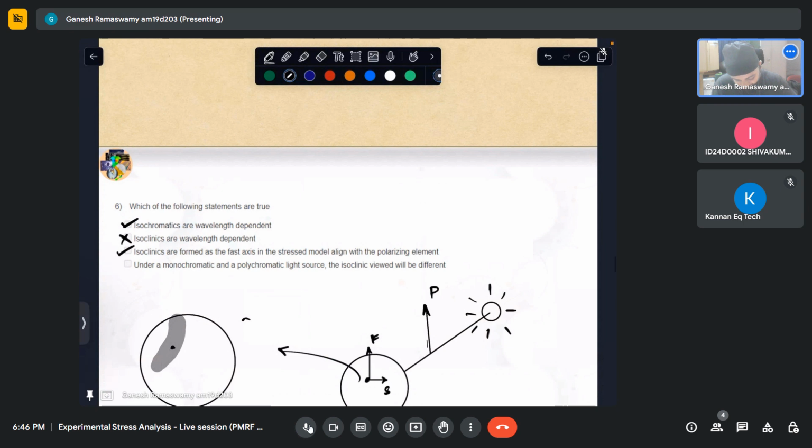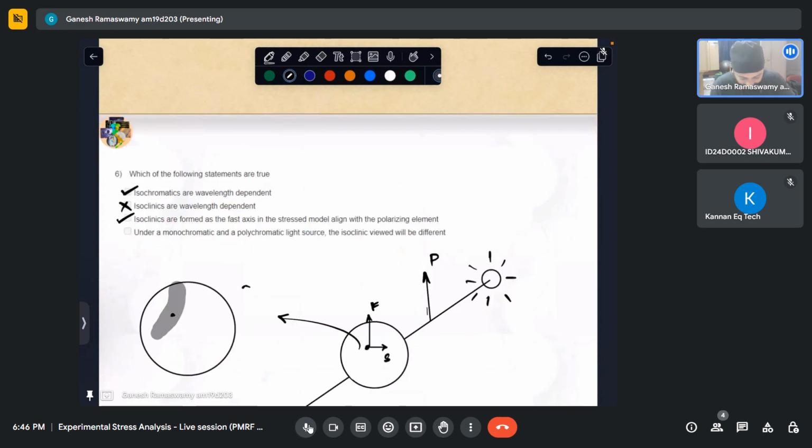The last option is: under the monochromatic and polychromatic light source, the isoclinic viewed will be different. Now we saw that isoclinic is wavelength independent. So what does that mean?